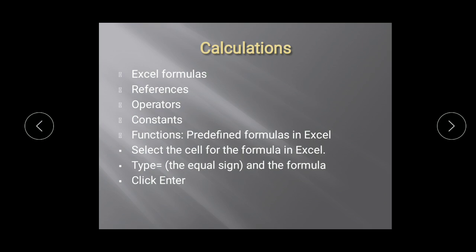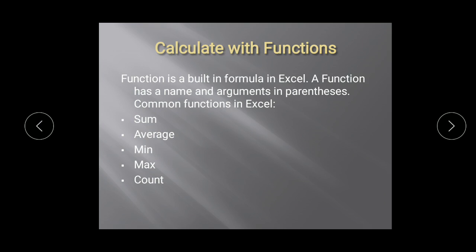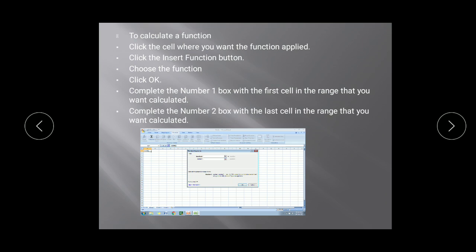To calculate, you have common functions, that is sum, that is total, average, that is mean value, minimum values, maximum values, and count, that is the altogether count. That can be done using a certain range. How can you do that? You just have to click on the function button in the formulas tab.